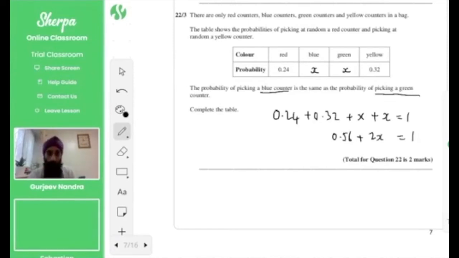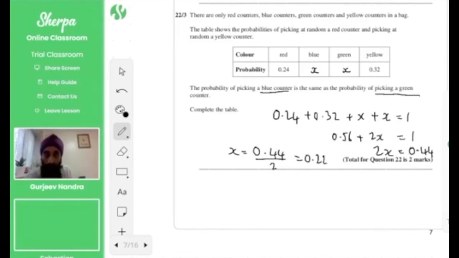Subtracting 0.56 from the other side, so 1 take away 0.56 gives you 0.44. So 2x is 0.44, so x would therefore be 0.44 divided by 2, which is just 0.22.